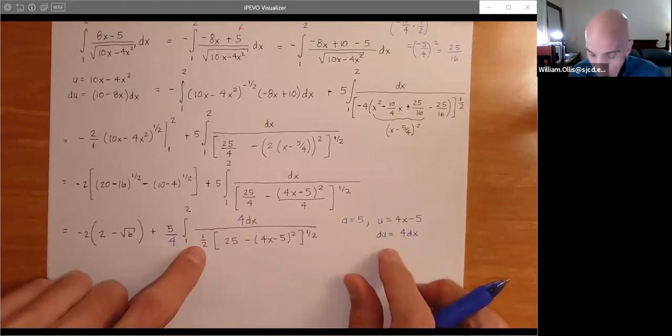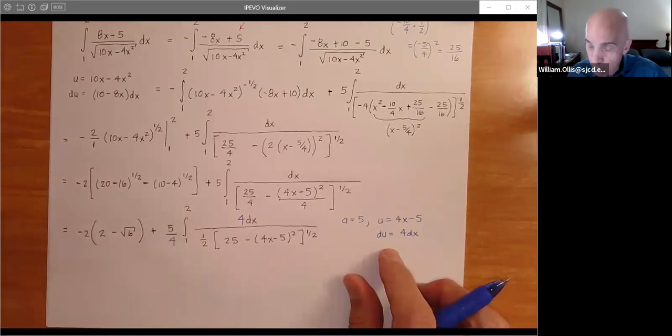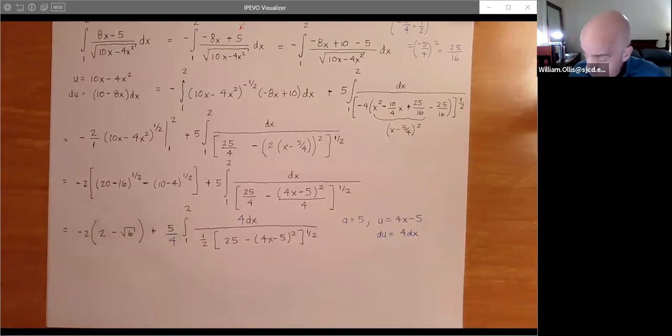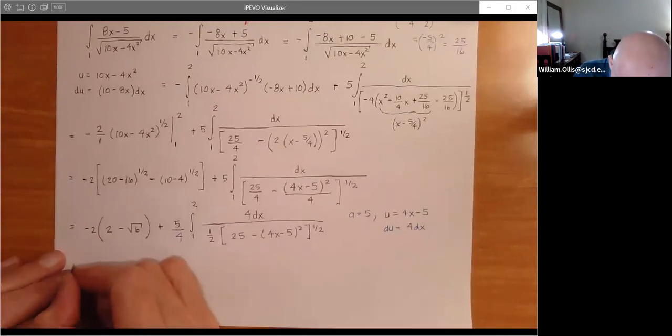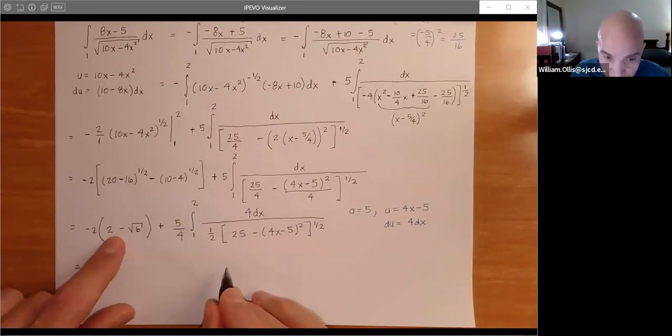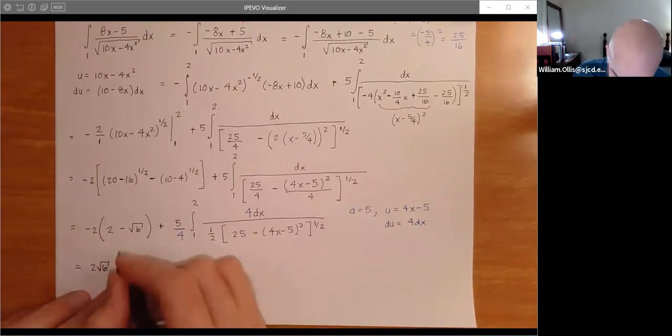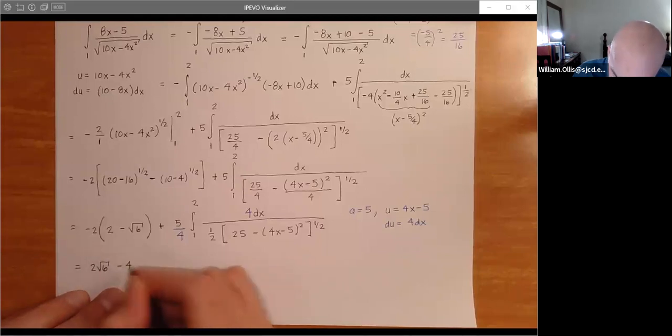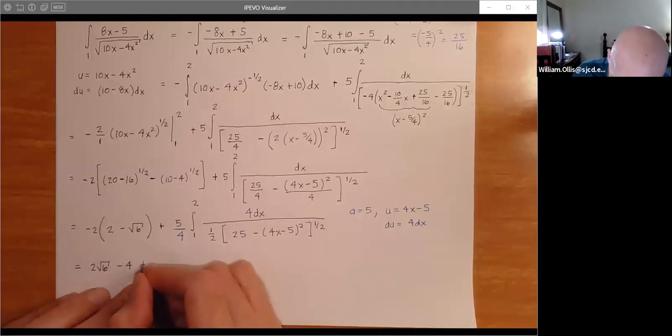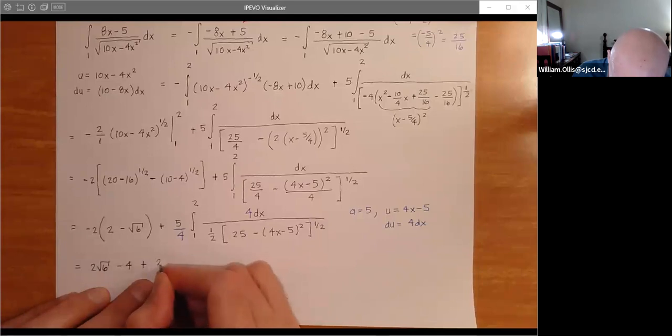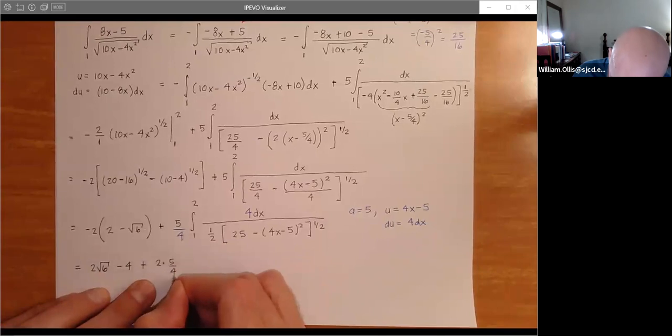So that would be the adjustment we would need here. And then, of course, this 1/2 is going to flip and come up here and absorb one of the 2's in the 4. So now, almost done. Run the -2 through. So this is a 2√6. And then a -2 times a 2 is minus 4. Well, that was the easy part. And then we have plus 2, again, 1/2 times 5/4.